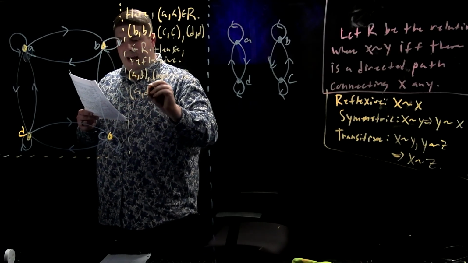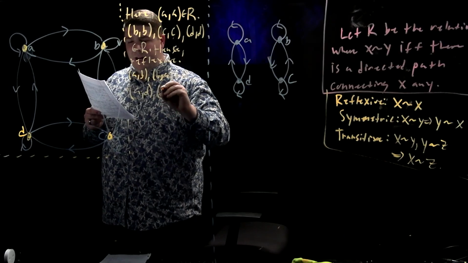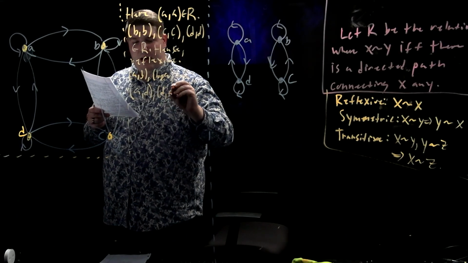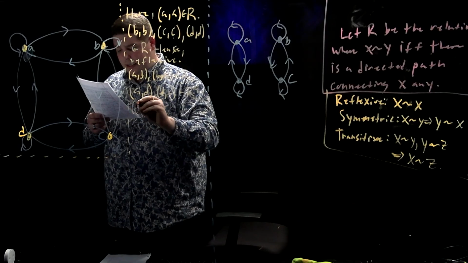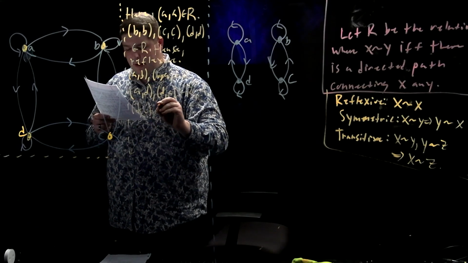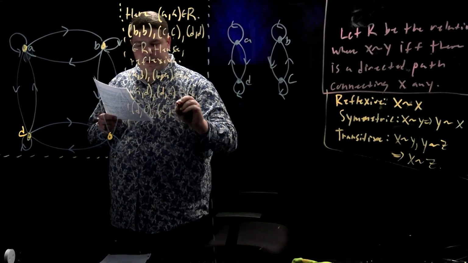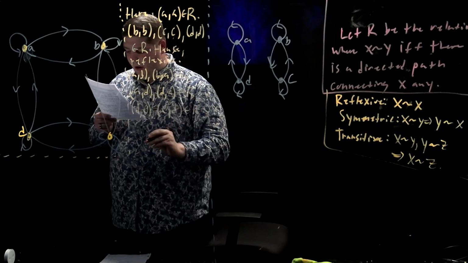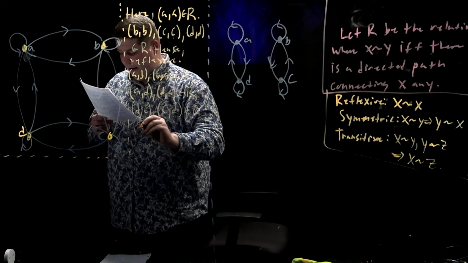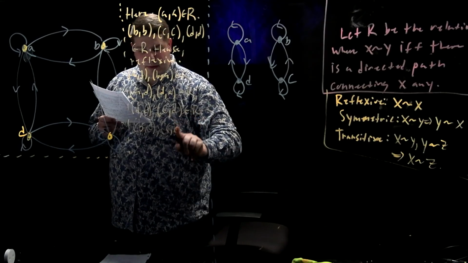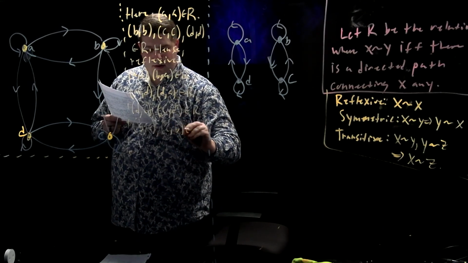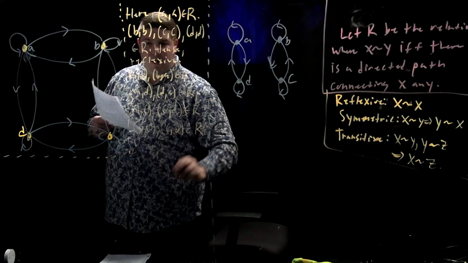We see that A goes to D, and D goes to A. That's also in R. We also see that D goes to C, and C also goes to D. Those are both in R. And B goes to C, and also C goes to B is in R. Okay?